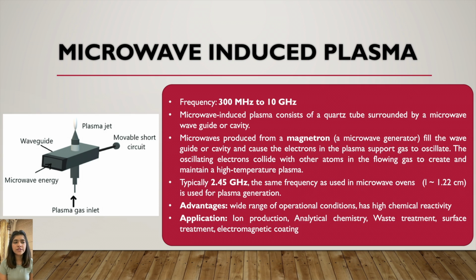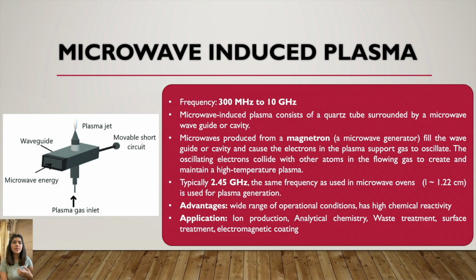Microwaves are produced from a magnetron, which is a microwave generator. These fill the waveguide, which you can see here, and cause the electrons in the plasma to oscillate. The oscillating electrons then collide with other atoms in the flowing gas to create a high temperature plasma.